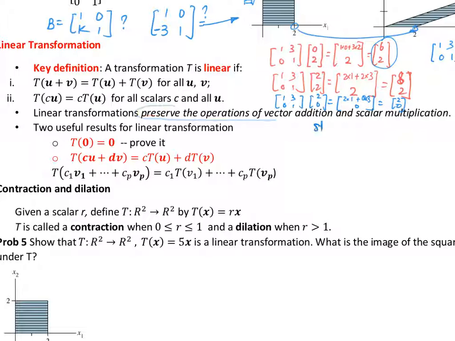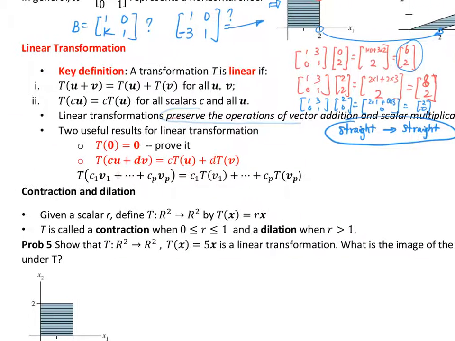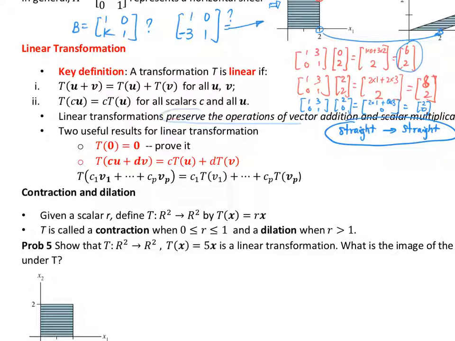So a straight line must map to a straight line. This has to be true. A straight line cannot be curved. So this is one very important property of linear transformations: a straight line remains a straight line.